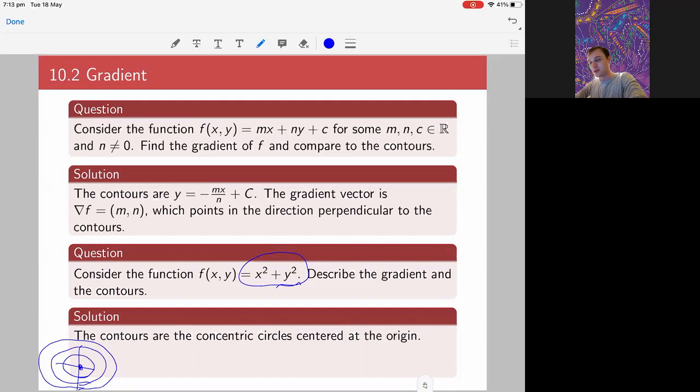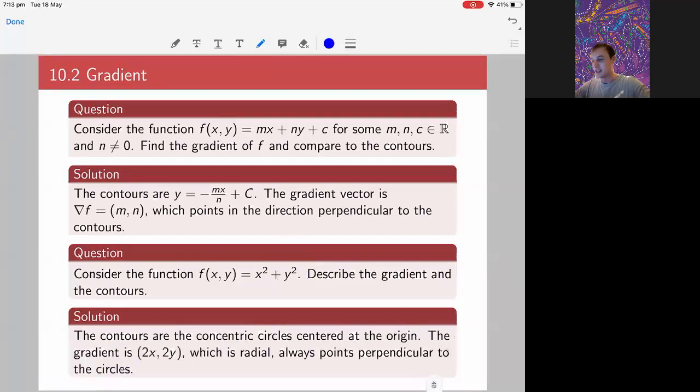If we assume that the gradient is always perpendicular to these contours, that means the gradient has to always be pointing in the outward direction. And indeed that is the case, because the gradient is just (2x, 2y), which always points directly away from the origin. And so we do get something which is actually perpendicular to these circles.